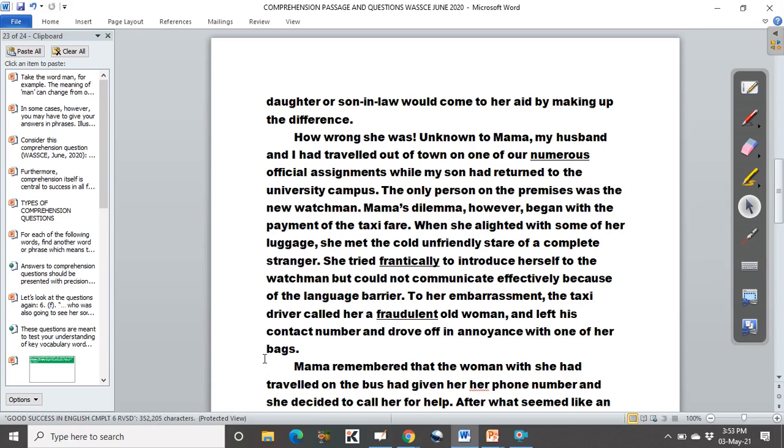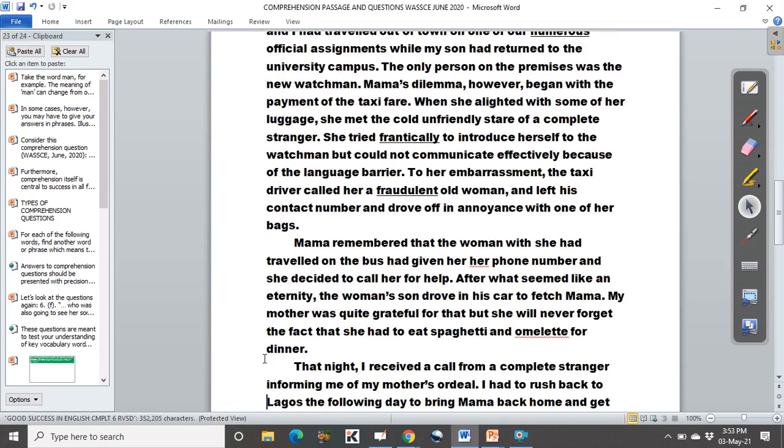Mama remembered that the woman with whom she had traveled on the bus had given her phone number, and she decided to call her for help. After what seemed like an eternity, the woman's son drove in his car to fetch Mama.